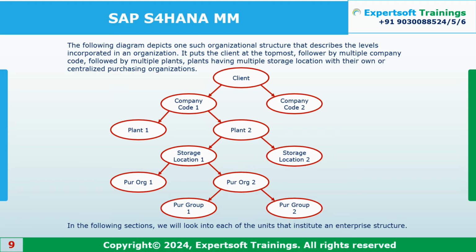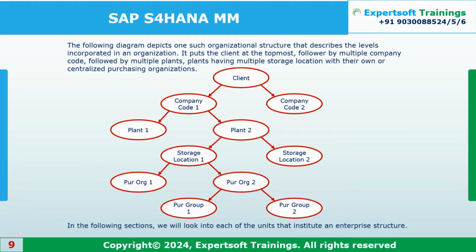And here you can see in this first company code, we have linked two manufacturing plants where crude oil is filtered, managed, and packed for different regions in India.